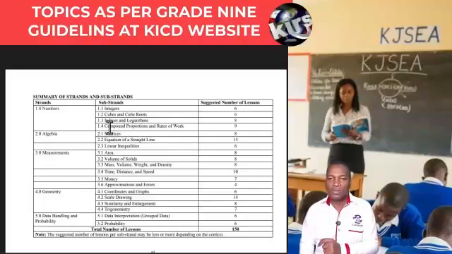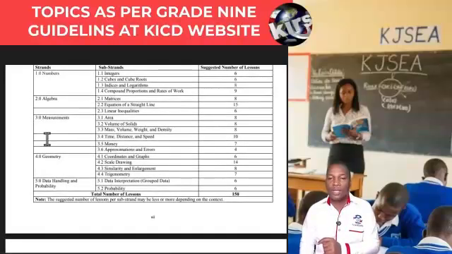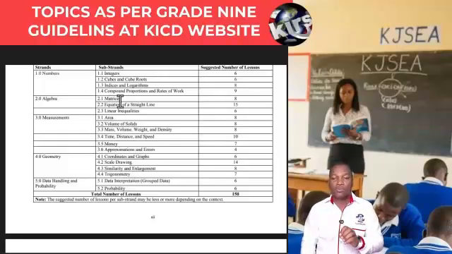I mentioned indices and logarithms, so you can confirm it is here. Then under algebra, we have matrices, equation of a straight line, linear inequalities. These are topics which are currently being handled in Form 2 in our current 844 system.